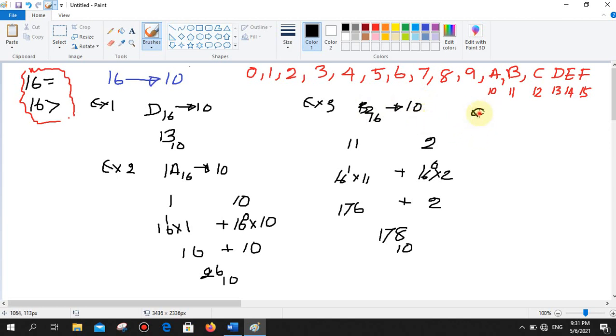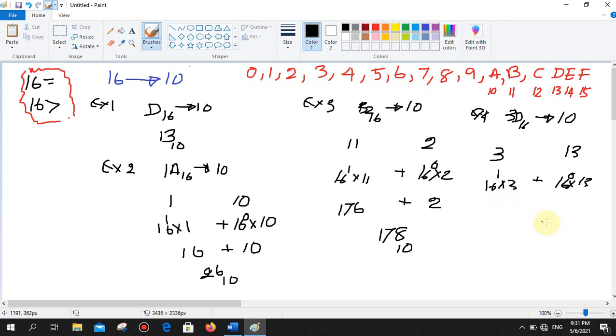Then example 4. The example 4 is we'll get another number, 3D in base 16. We need to convert to decimal. So I will write 3, and instead of D you need to write 13. So 16 power of 0 into 13 plus 16 power of 1 into 3.